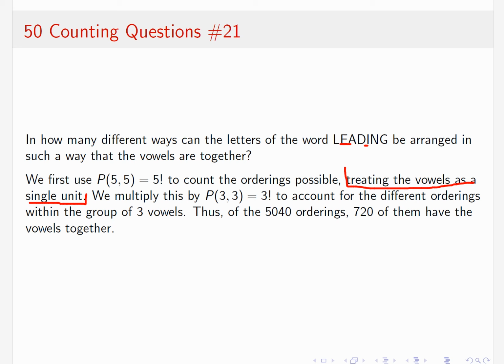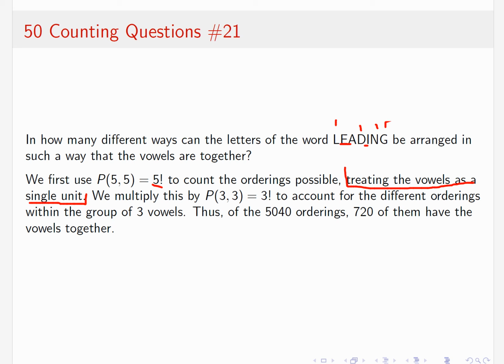Why? Well, they have to be together. We can order them in a minute, but thinking of these three, how many others do we have? Well, we have consonants here, here, here, and here. So we have 4 consonants and 3 vowels, so we have 5 items that are being permuted.